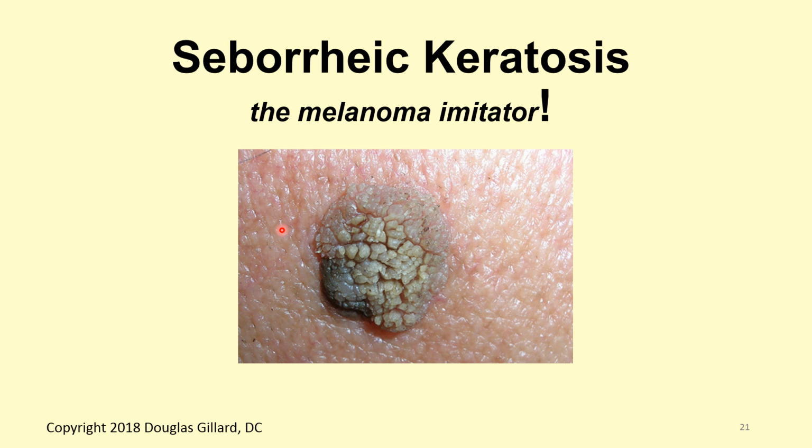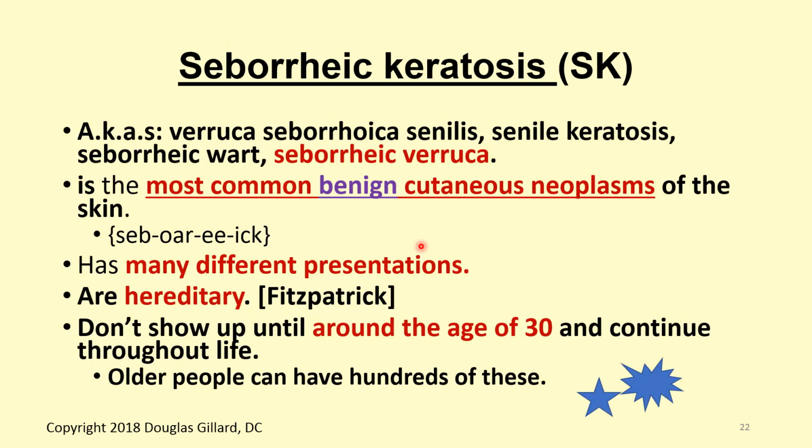Now let's get into SK, seborrheic keratosis. It's the great malignant melanoma imitator. This guy has many, many different presentations. It's easy to pick out when it looks like this, his late phase. The earlier phases aren't so easy. So let's talk about it.